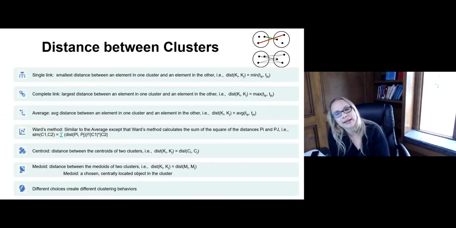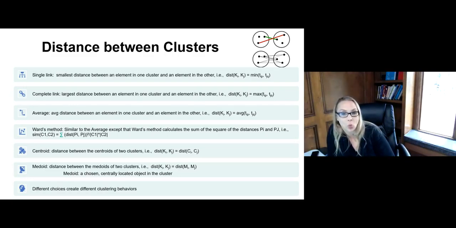Now you may be asking, how do you measure the distances between the different clusters? There are many ways to measure distances. Here are just a few of them, and there are a few more as well. We have the single link, which is the smallest distance, a complete link, which is the largest distance between elements, and an average.